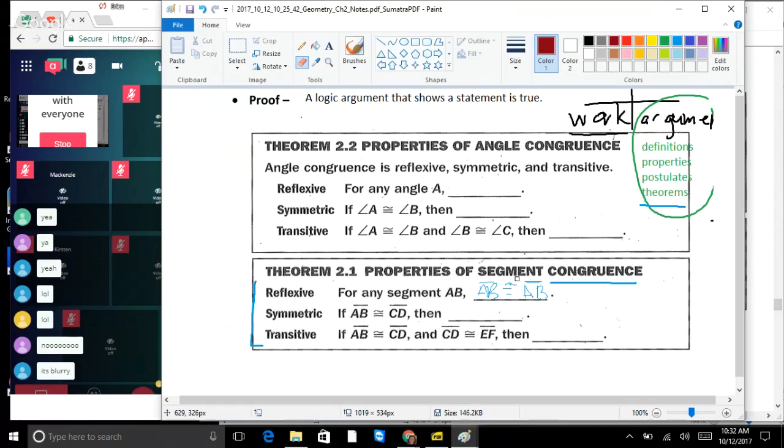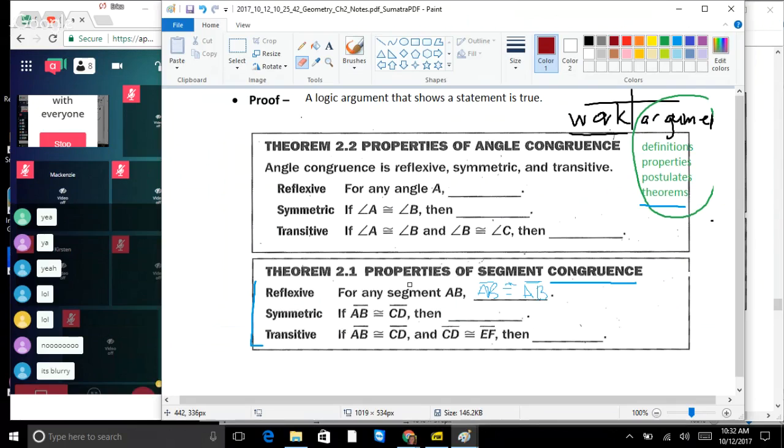We're talking about equality for that. For these particular theorems, we're talking about congruence. When it comes to congruence, we actually have to prove that it's true via a theorem. When it talks about equality, it's just a property that we all accept. So that's why we have these two different definitions.